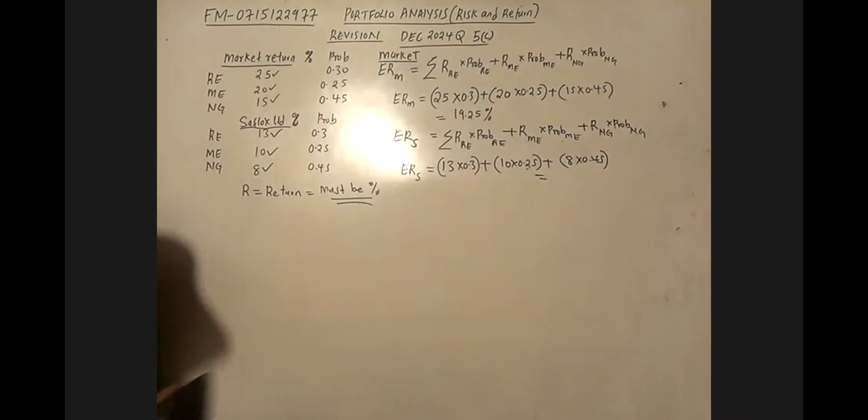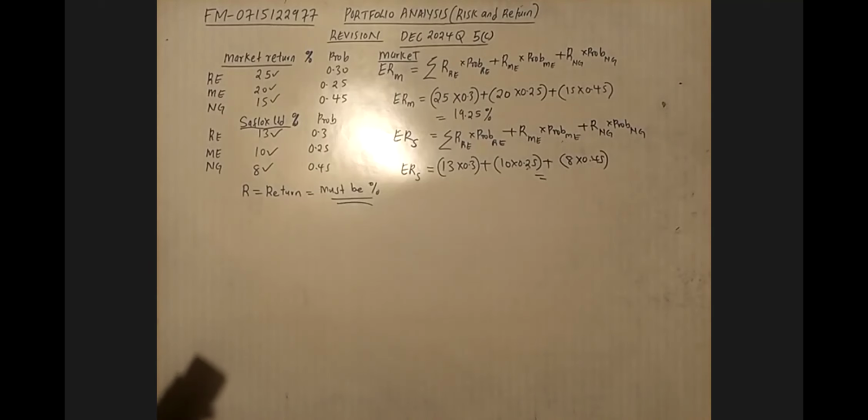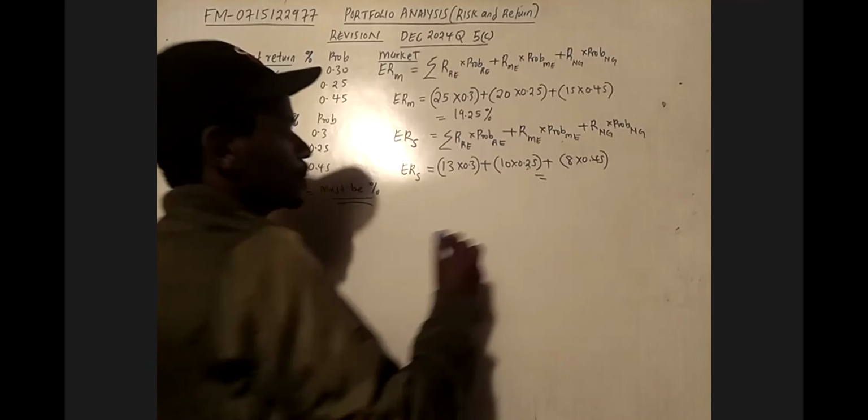Give me the return for that: 10 times 0.3, 10 times 0.25, 8 times 0.45, which equals 10%.